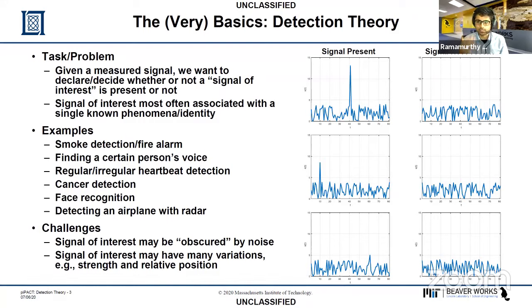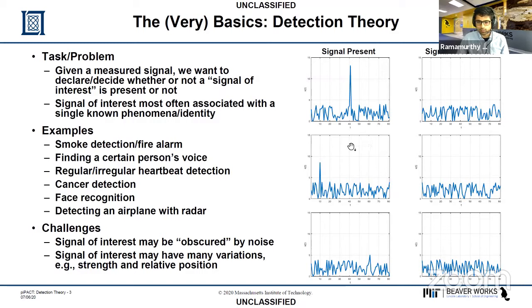So they're all the same, they all qualify as a signal of interest. You can see here on the right, I'm showing just those two broad categories, where the left column is where signals are present, and the right column is where signals are not present.